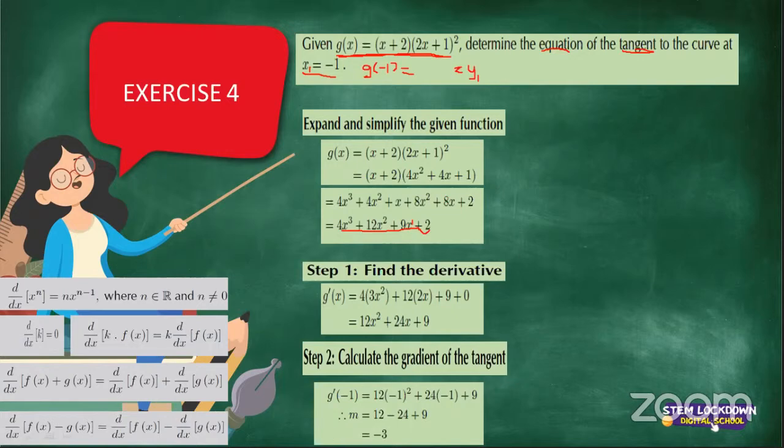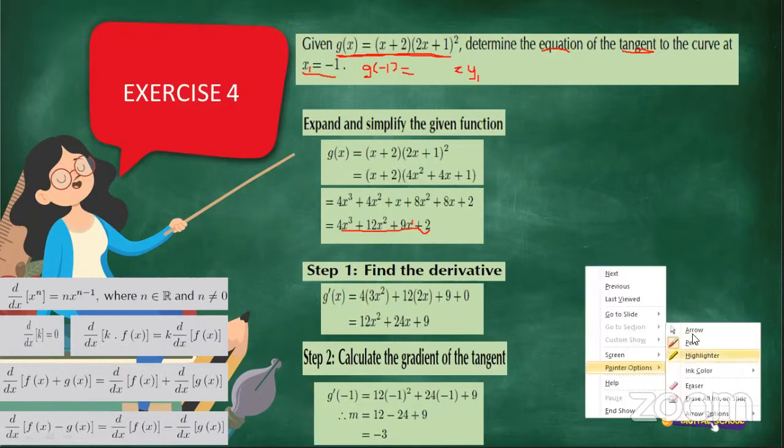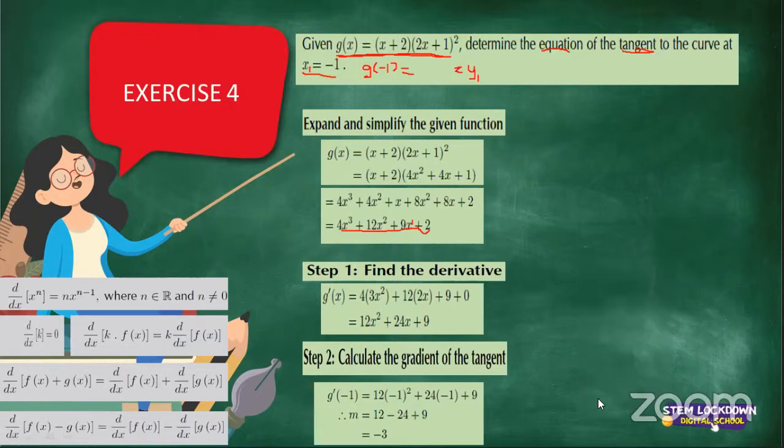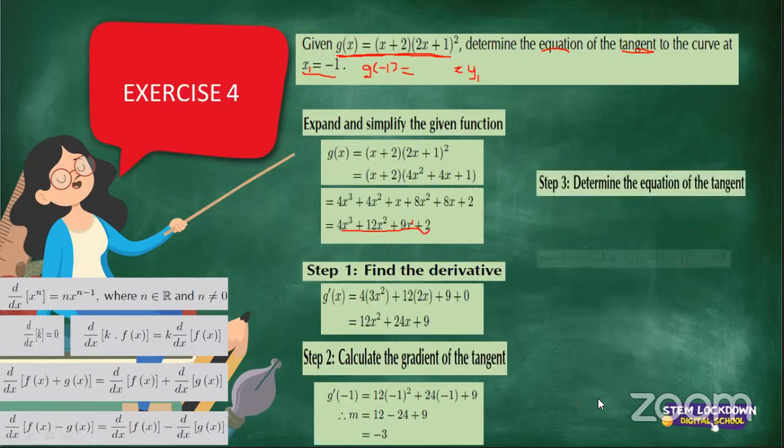So now that we have our gradient for the tangent, we can use the equation of the straight line. When we substitute our -1, because we want x1 and y1 to calculate the equation of a straight line, we get the value of y1. So this is practically the value of y that corresponds to our x there.